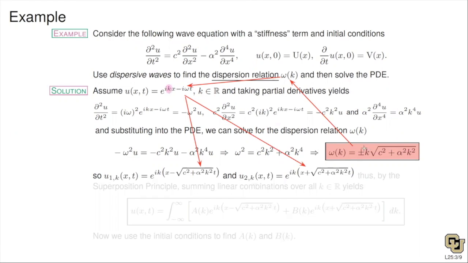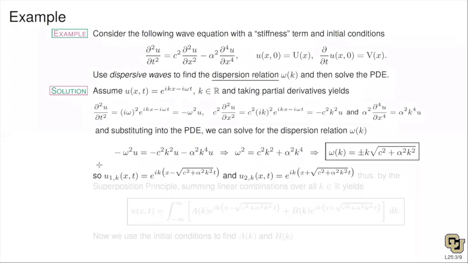And then there's a k right in the front of the omega answer. So these two k's I've factored out here. This one and this one. That's what's appearing right here. I factored it out. And the i as well, because they both have an i. And then you have the kx minus omega t. Omega is plus minus k square root c squared plus alpha squared k squared. So here are my two waves.